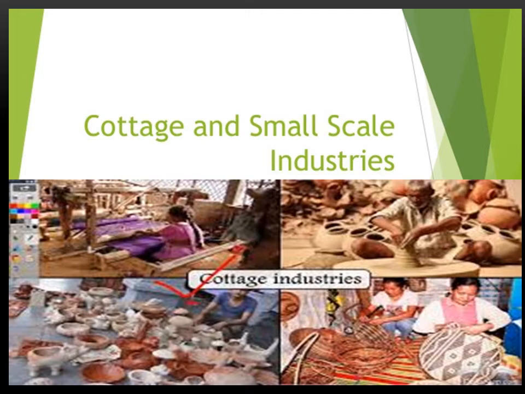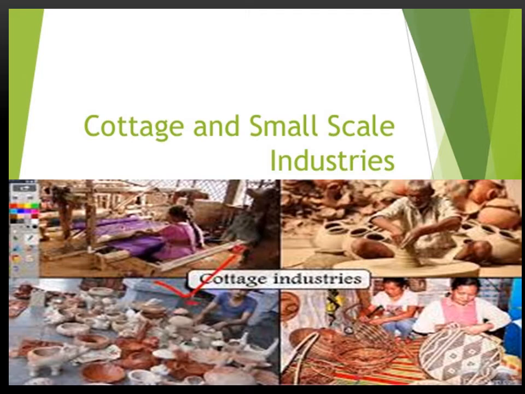This cottage industry is different from a small scale industry. The cottage industry is one which is carried on wholly or primarily with the help of members of the family, either as a whole or part time occupation. But the small scale industry, on the other hand, is one which is operated mainly with hired labor, usually employing 10 to 50 persons.